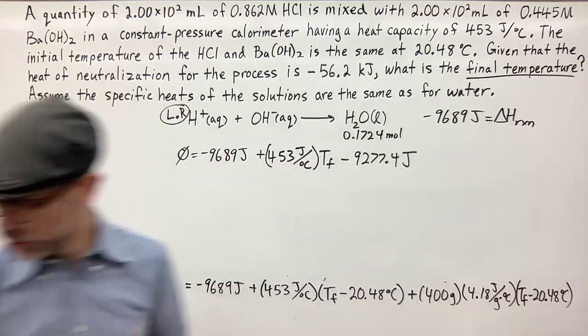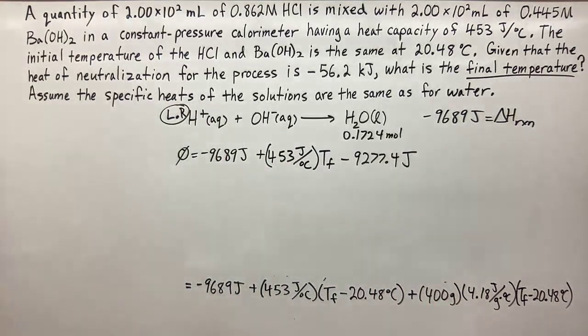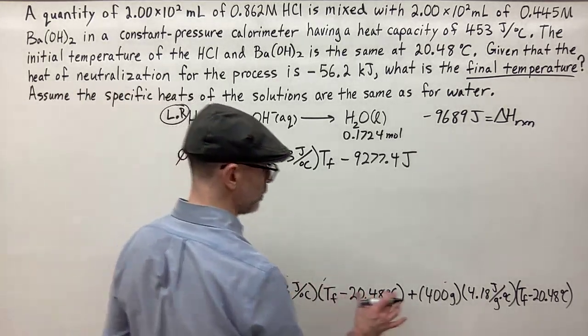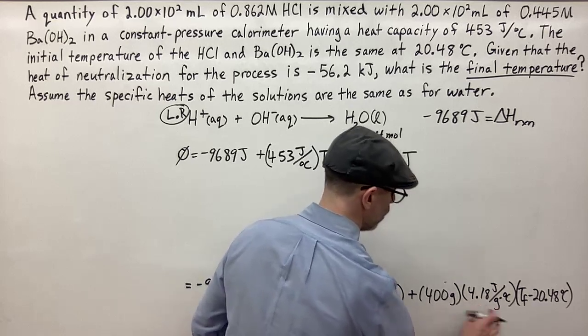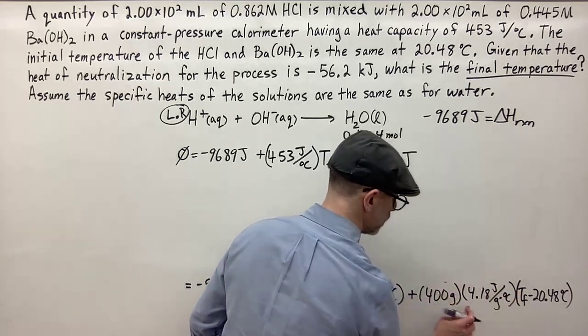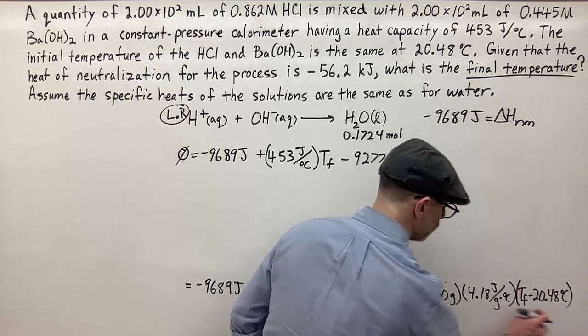When I multiply those together, I'm going to multiply these two together, and whatever the result is will be multiplied to these two here.